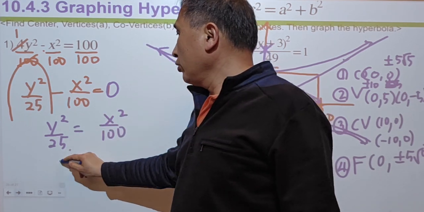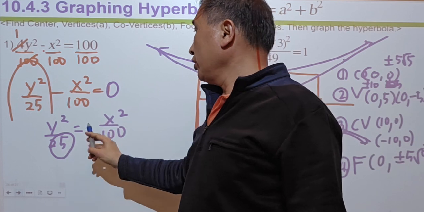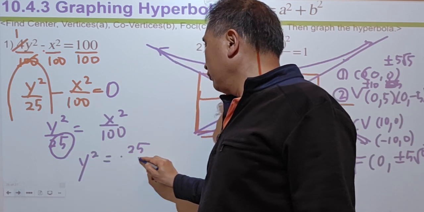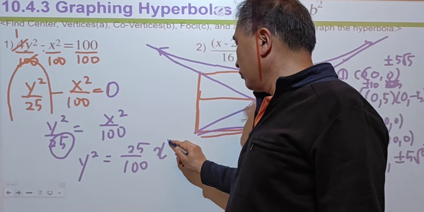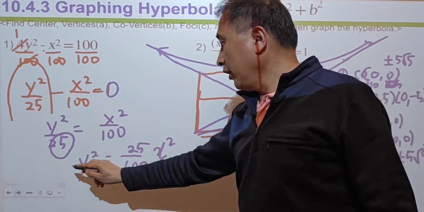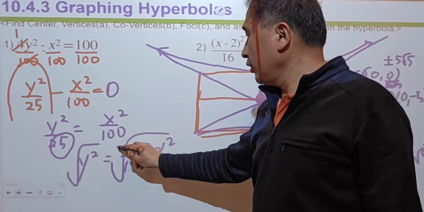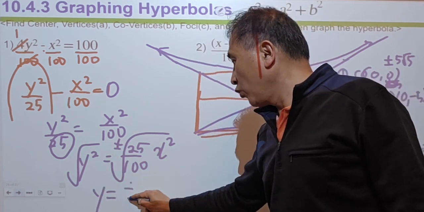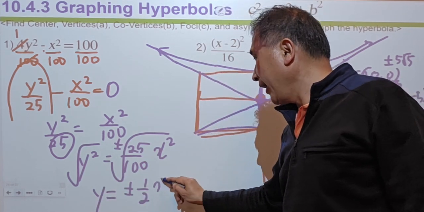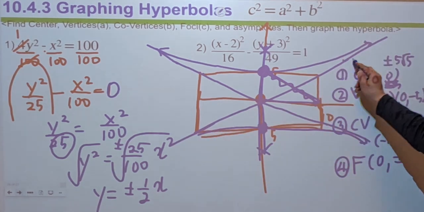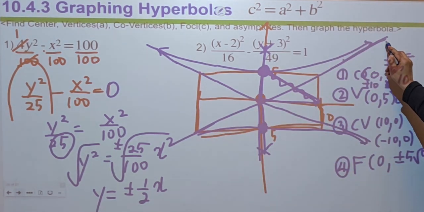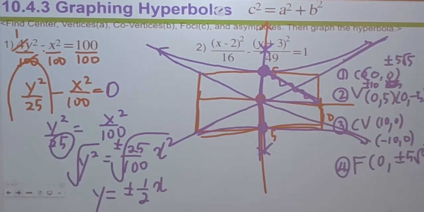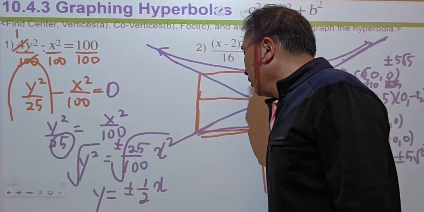Division becomes multiplication, so y squared equals 25 over 100 x squared. This is 1/4. Take the square root of both sides, plus minus. Y equals, the square root of 1/4 is 1/2, so plus 1/2 x. So this line is plus 1/2 x, and this one is minus 1/2 x. Okay, so you can find it that way.